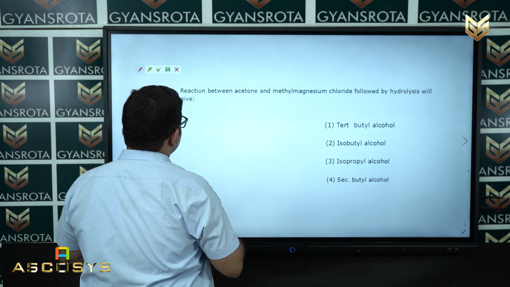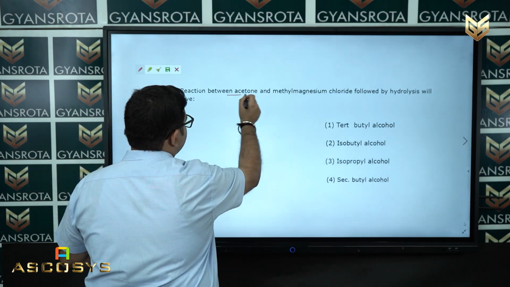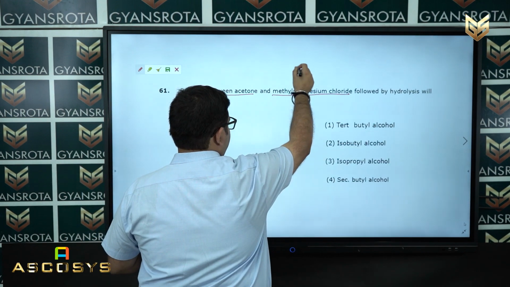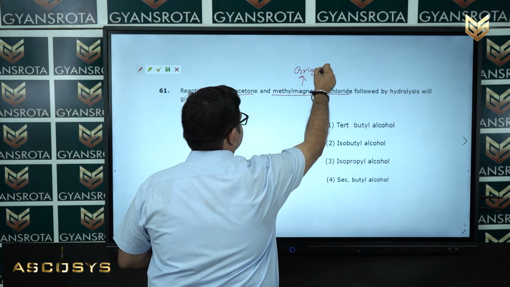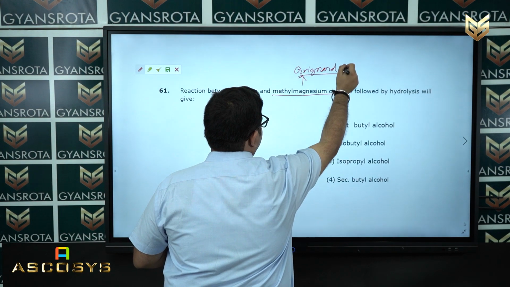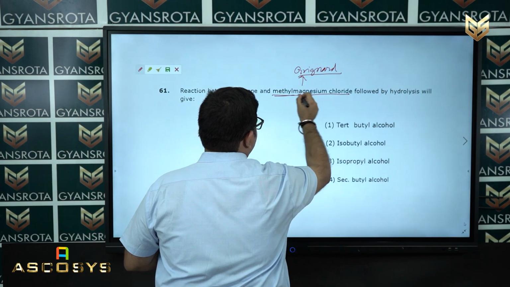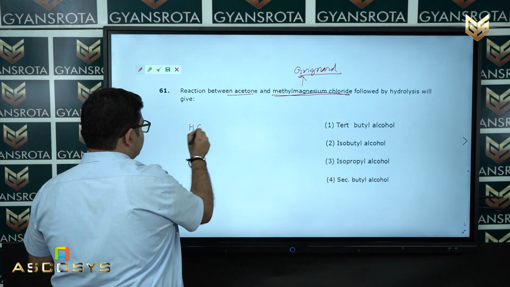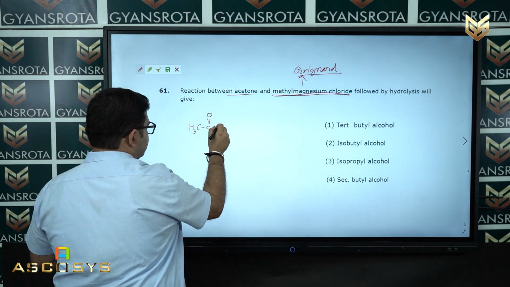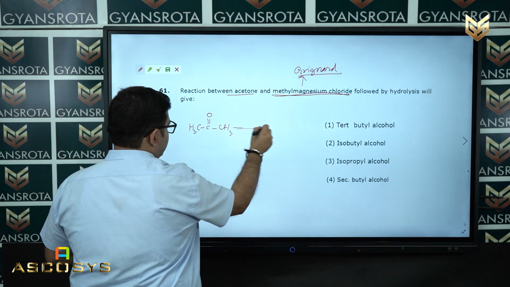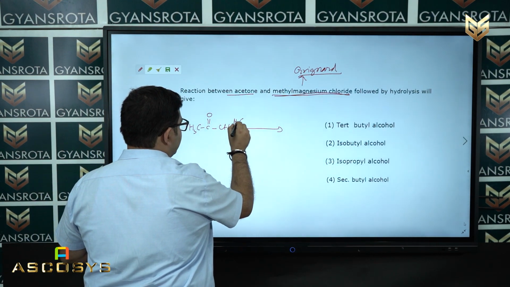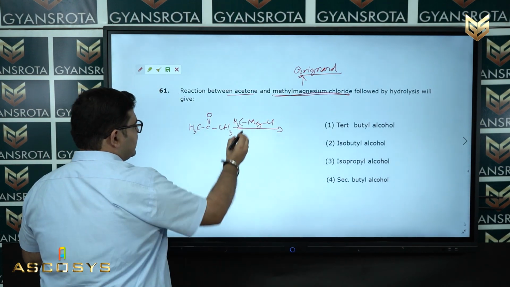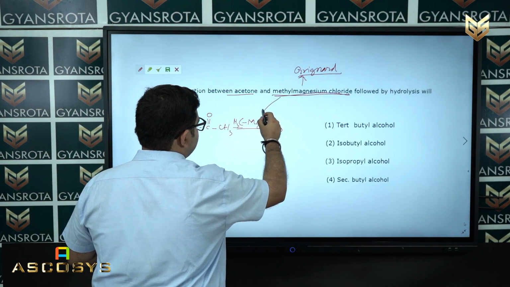If you see the reaction given between acetone and your methyl magnesium chloride, this is nothing but your Grignard reagent, RMgBr. When acetone reacts with your Grignard reagent, your Grignard reagent is CH3MgCl. Okay. So, this is nothing but your methyl magnesium chloride.